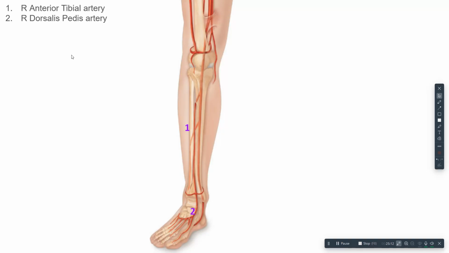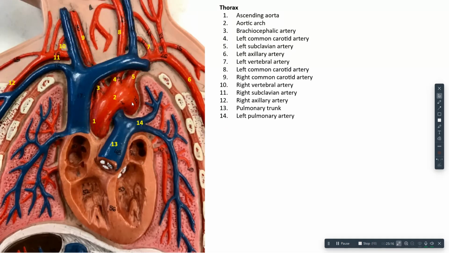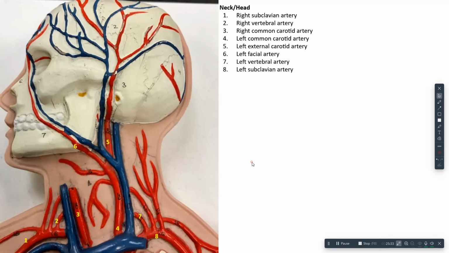So, that is it for pictures. What I want you to do now is to go through all these models and look at all the vessels in the models. Listen to me going through the picture again and check out everything on these models. This is my flat man model. We've got everything in the chest labeled here. Got my flat man's head and neck here.